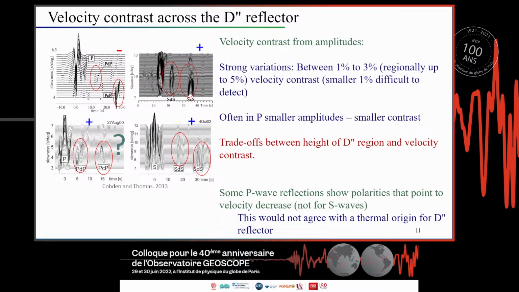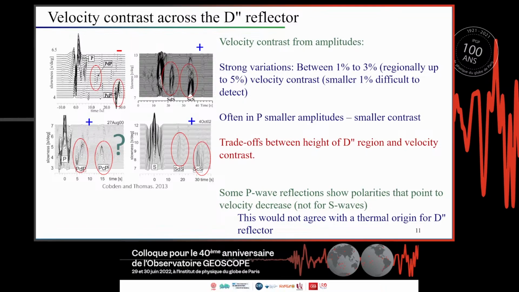But if you look at the figure above it, PdP is an up-down swing, whereas PcP is a down-up swing, and P is also a down-up swing. So it's the opposite polarity, and that would indicate a velocity decrease across the D-double-prime.